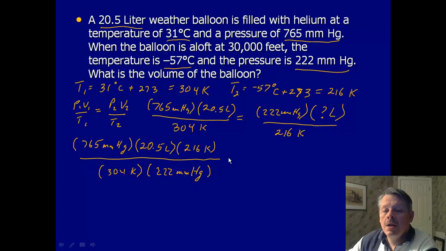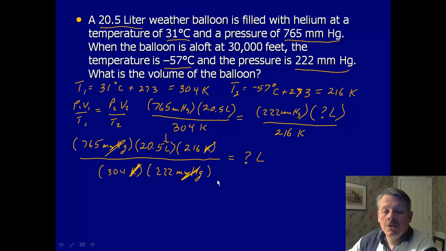Now clearly we want our answer in liters, because that's what's left. Let's look at what happens. We've got 304 Kelvin, so Kelvin disappears, and millimeters of mercury cancel each other out, and the only unit we're left with is liters, which is what we'd expect. That helps us make sure we get our answer correct and that our units all match up.